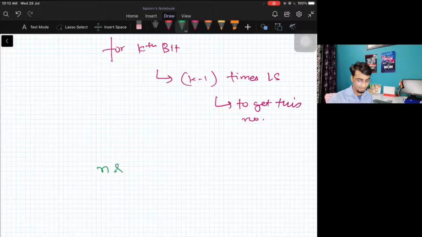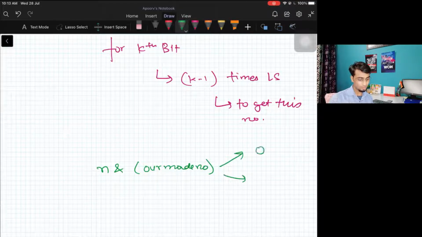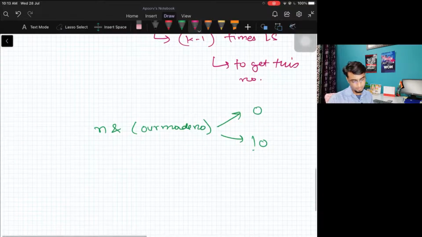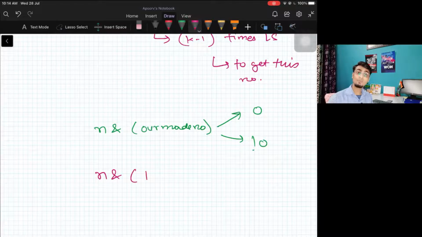N AND our made number was resulting in two possibilities, either 0 or non-zero. So let's do one thing: N AND 1 left shifted how many times? K minus 1 times, right?